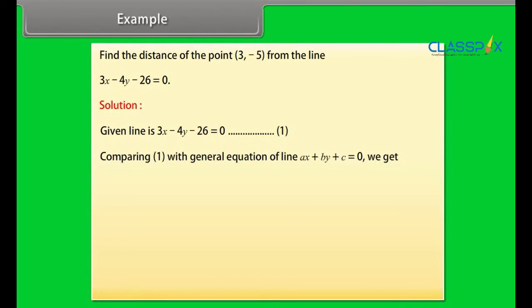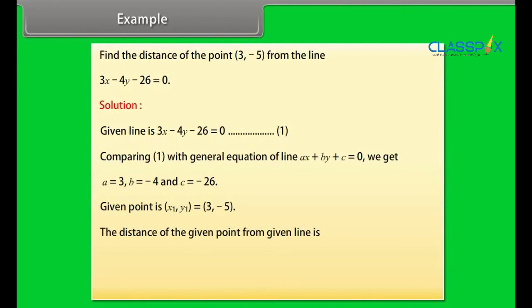Comparing 1 with the general equation of a line ax plus by plus c is equal to 0, we get a is equal to 3, b is equal to minus 4 and c is equal to minus 26. Given point is x1, y1 is equal to (3, minus 5). The distance of the given point from the given line is d is 3 by 5.